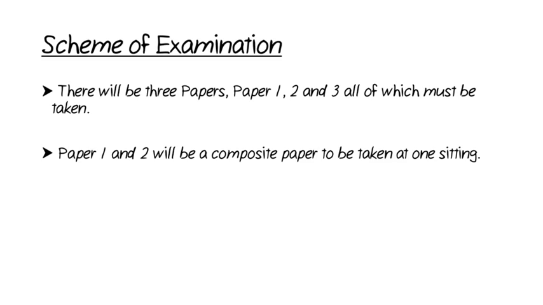Paper 1 and paper 2 are considered as composite papers on grounds that you are going to write these 2 papers at one sitting. That is, if for example you are writing paper 1 today, that means you are obliged to write paper 2 today, and there will be another day for paper 3.